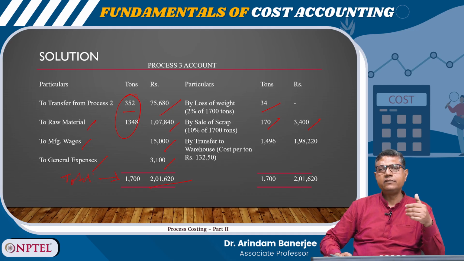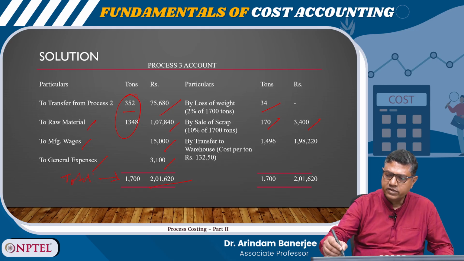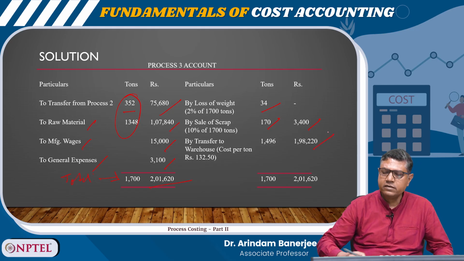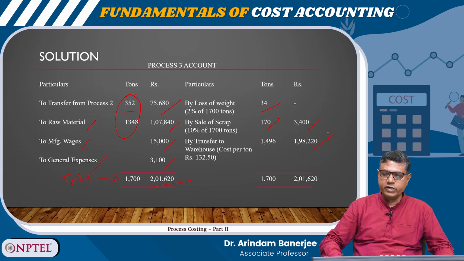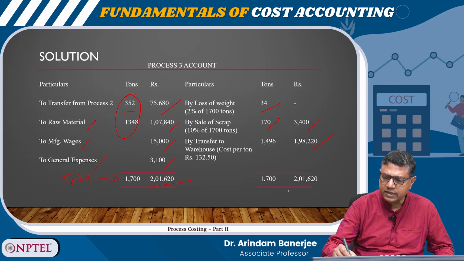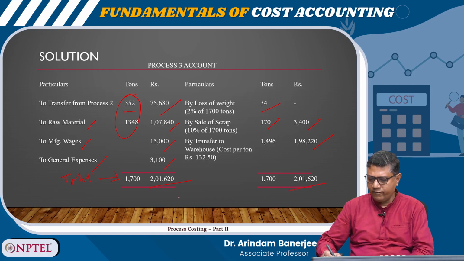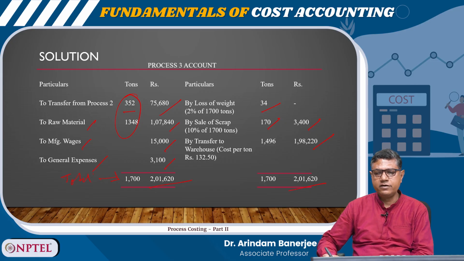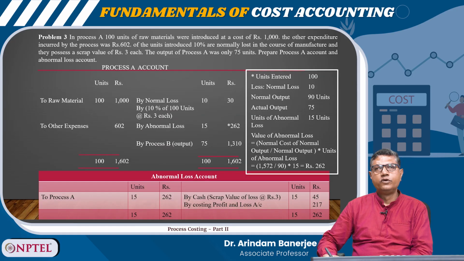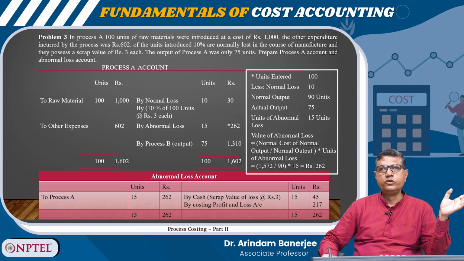Process 3 is the final process, so the final product is getting transferred to the warehouse. It is coming to 1,98,220, cost per ton. The total is equal to 2,01,620, fine. So this was problem 2.